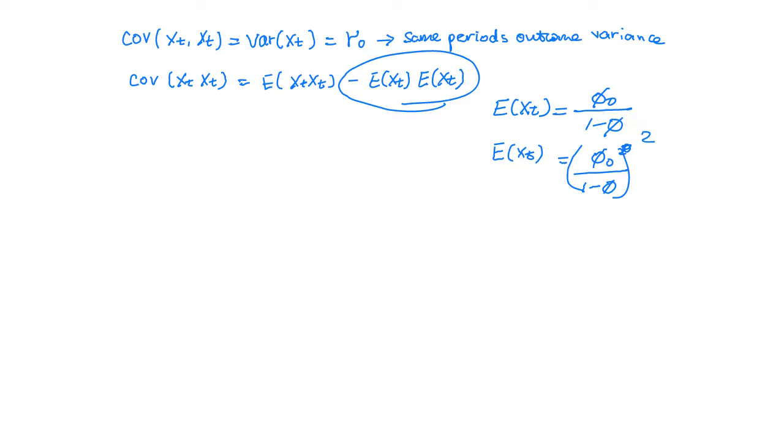Okay, so gamma 0 is equal to the expectation of Xt times Xt.